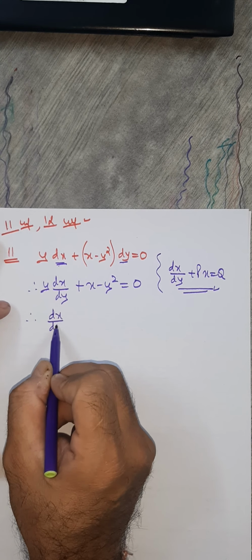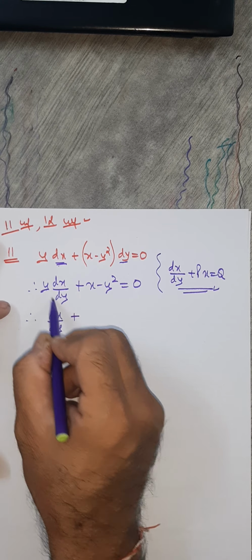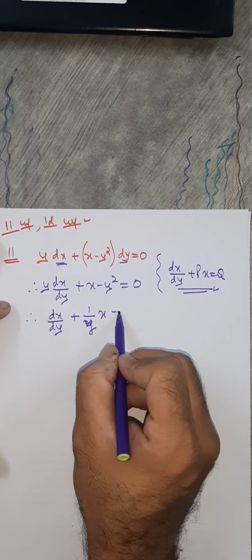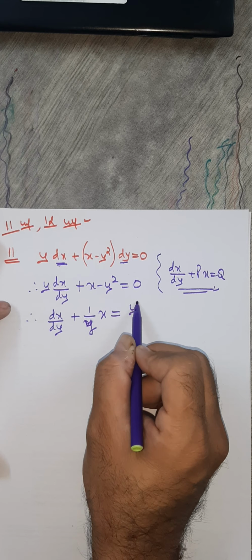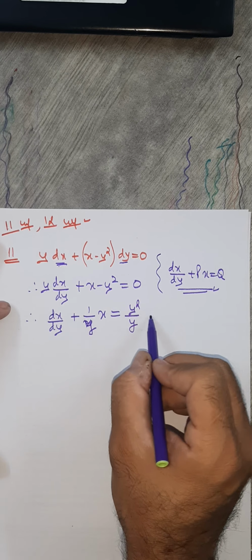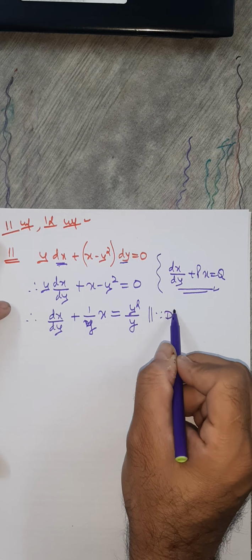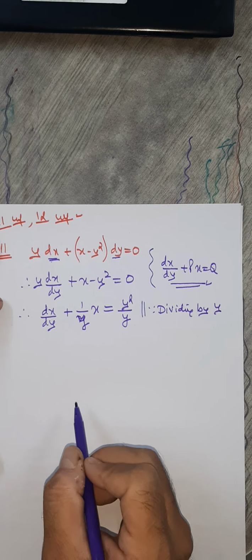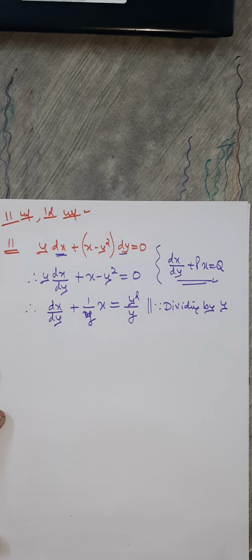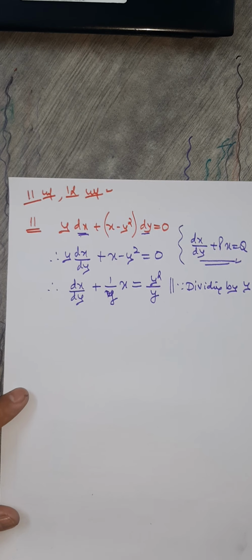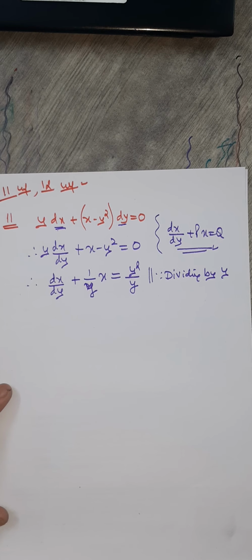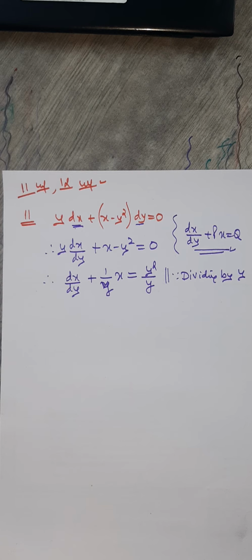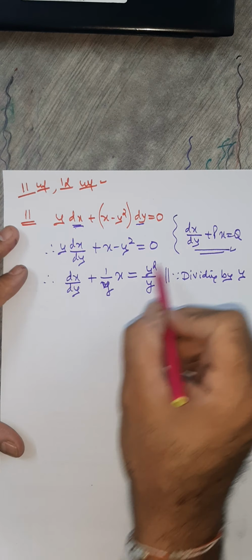So dx by dy plus, dividing by y, 1 by y into x equals to, here your y square by y, dividing by y, remember. You know why this? Because coefficient should be 1 only, that you know. Okay, now it is in the standard form.